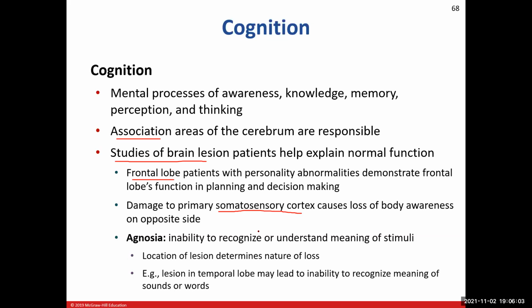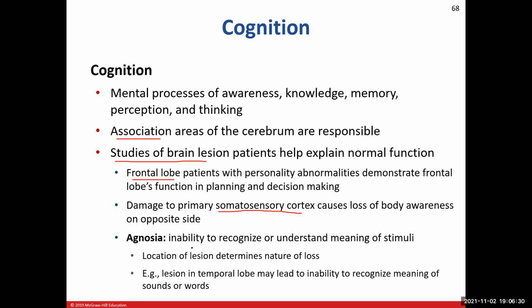I'm not sure if you folks have ever heard of the term agnosia. When you have a condition with agnosia, you are unable to recognize or understand what the stimulus is, like the example I just told you. You damage that somatosensory cortex, and you won't be able to tell what it is in your hands.